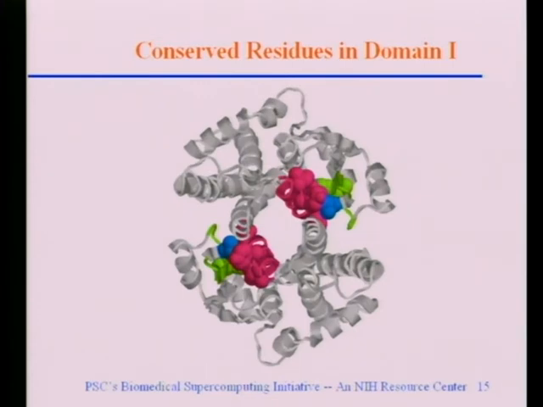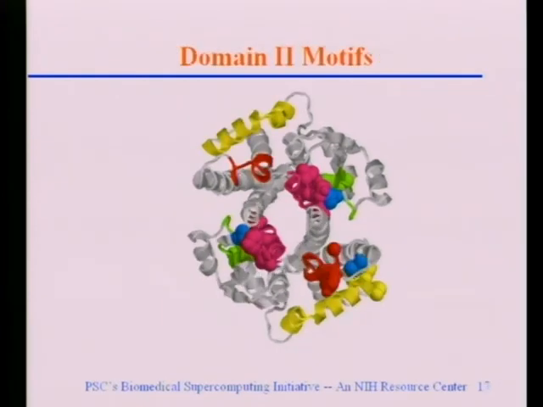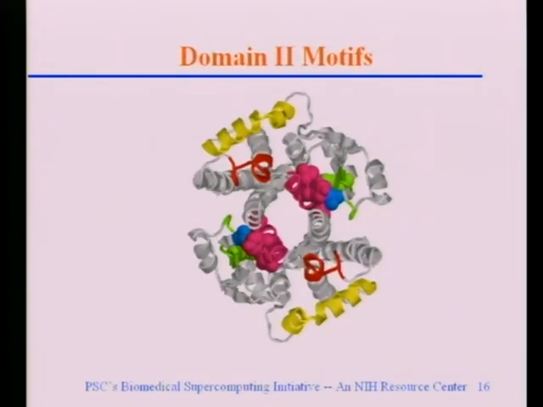Not every highly conserved amino acid is part of a motif. But the two motifs and this highly conserved individual amino acid all come together to form a very compact, well-conserved structure. That's the glutathione binding site here in the first domain.